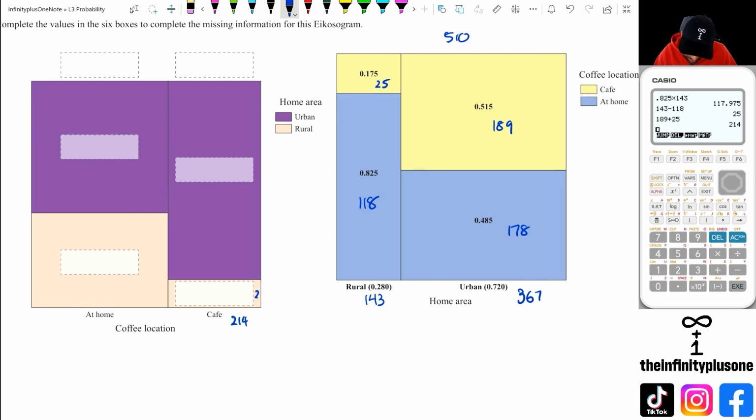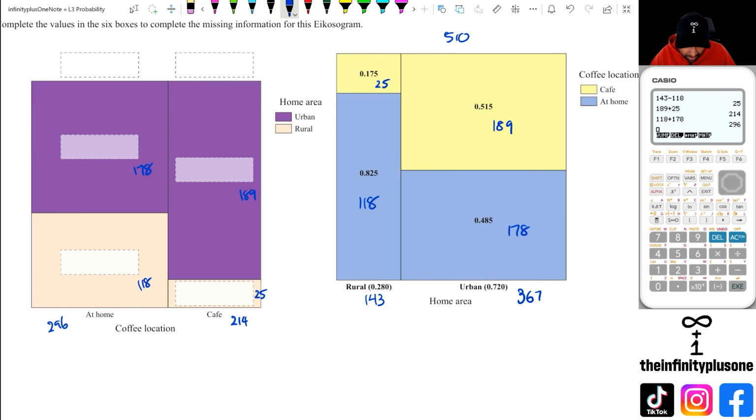Out of that 214, 25 have it at the cafe in rural, and 189 is going to be there. Then the other version: 118 plus 178 equals 296, so the total is going to be 296. At home, 118 out of that, and this one here is going to be 178.